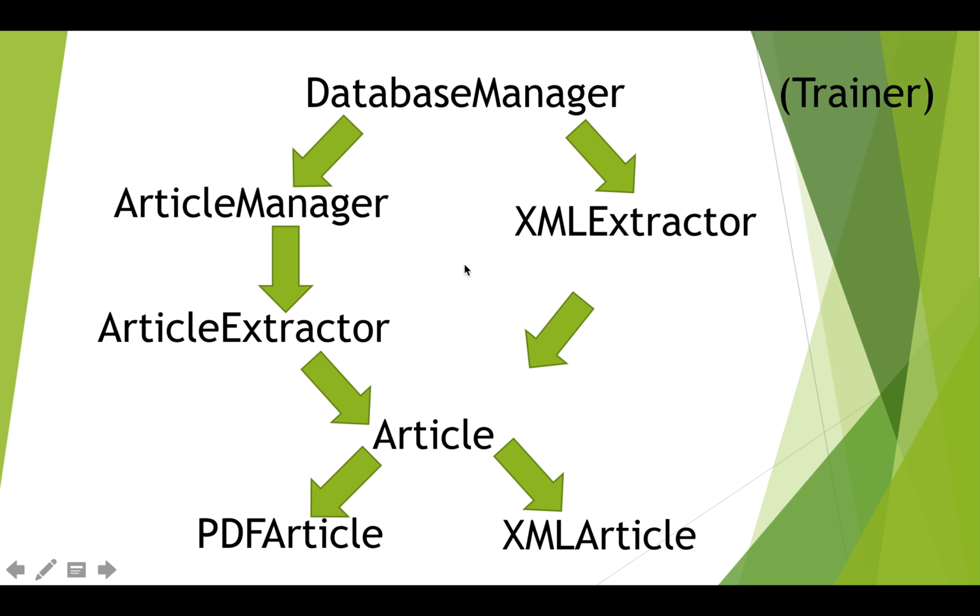Then down on the second level, we have the XML extractor. The XML extractor is in charge of pulling information from the NCBI site for a specific article in an XML format. I'll show you exactly what that looks like later. The article manager is in charge of handling user interaction.